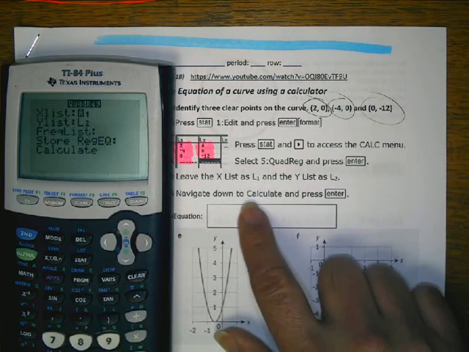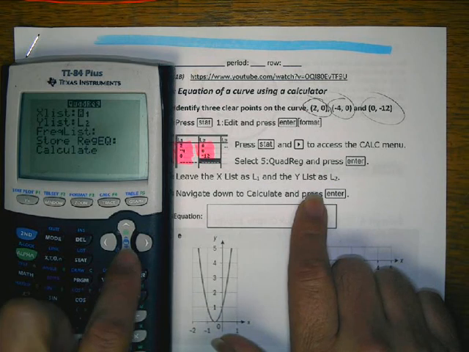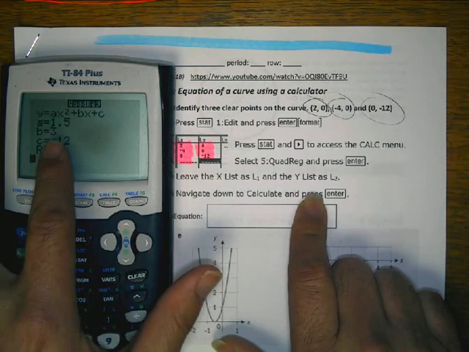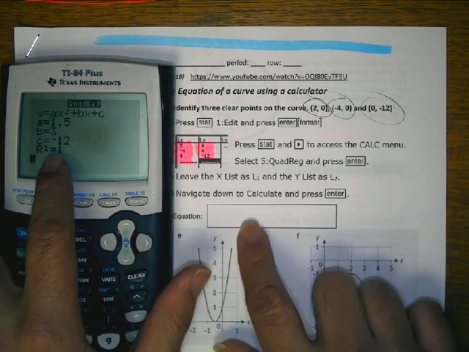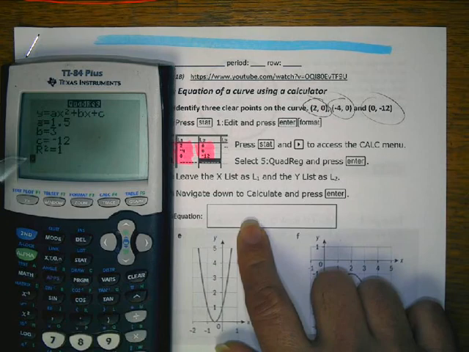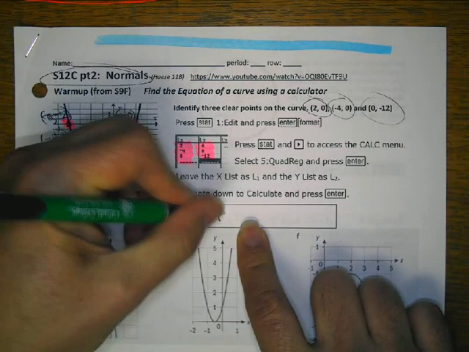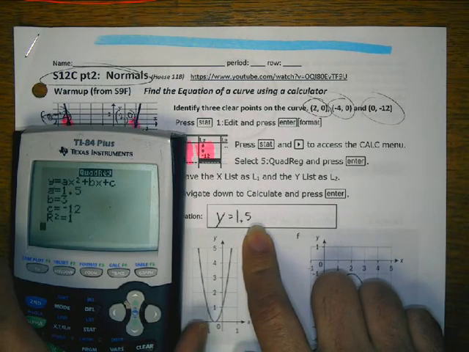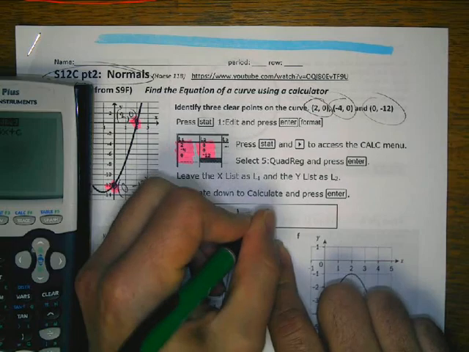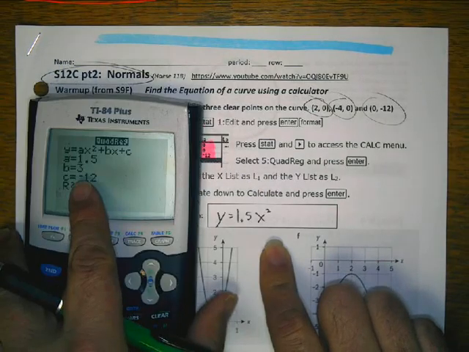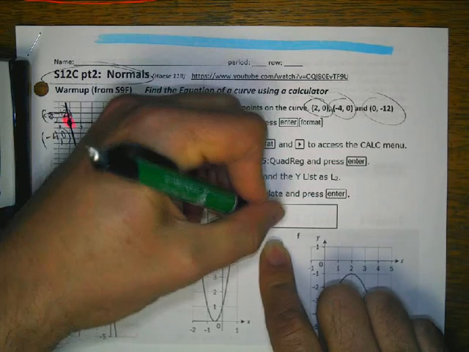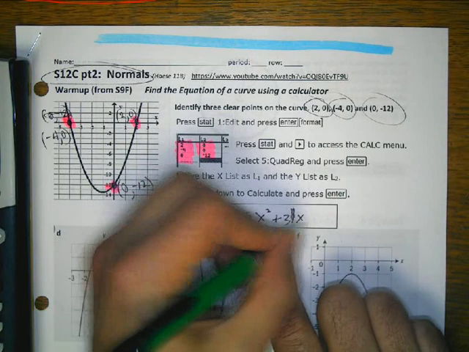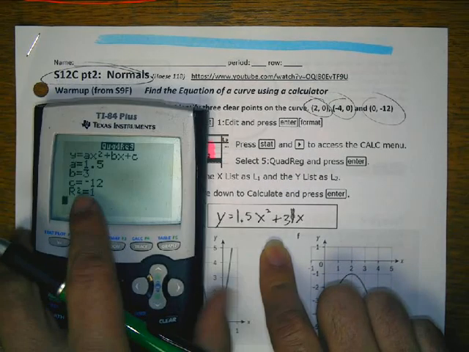And L1, L2, I'm going to go down here, calculate, hit enter, and now it tells me A, B, and C. So basically what they've said is our equation is y equals 1.5x squared plus 3x, and -12.